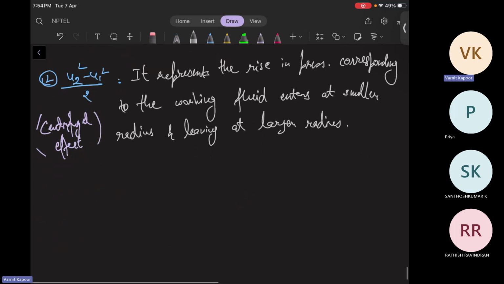Now the last term, that is the third term, is your (V_R1² minus V_R2²)/2, and it depicts reaction or diffuser effect.